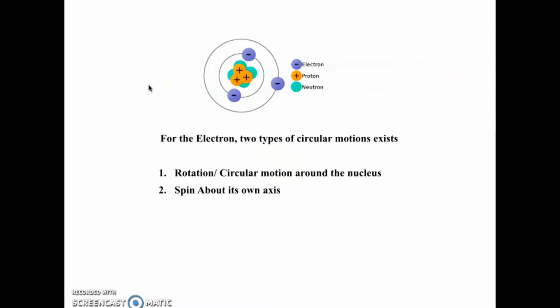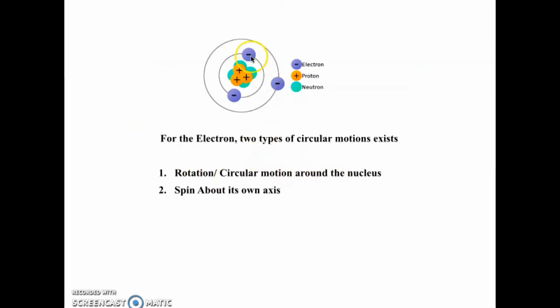Now in an atom, we all know the negatively charged electrons rotate around the nucleus, which consists of positively charged protons and neutrons. The electrons have two types of motions. One, the rotation or circular motion around the nucleus.